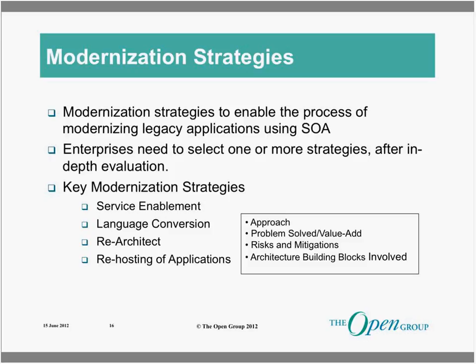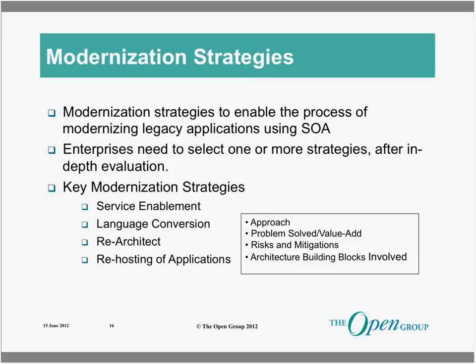These include service enablement, and language transformation, which is converting or migrating the programming language, such as COBOL to Java. The re-architect strategy is to enable service-based solutions by re-architecting and applying the SOA architecture style.